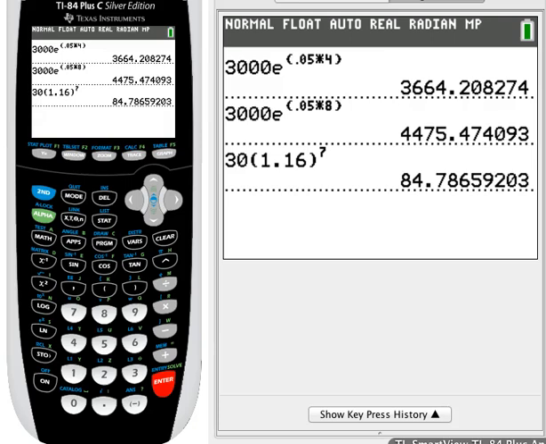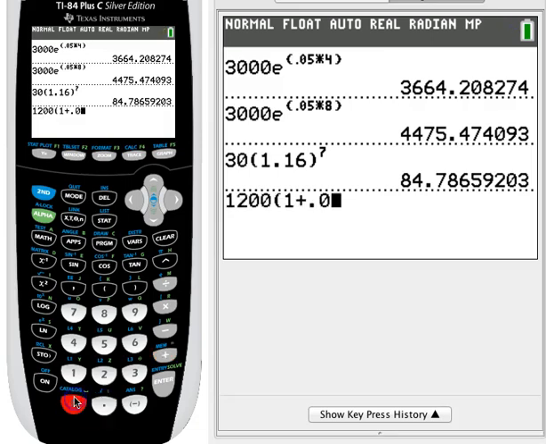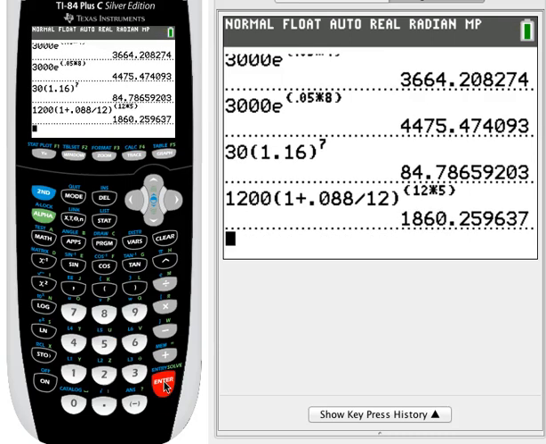So starting with $1,200, 1 plus, the rate was 0.088 compounded monthly, to the 12, because that's how many times it's compounded. We want to know in 5 years, how much will they have?